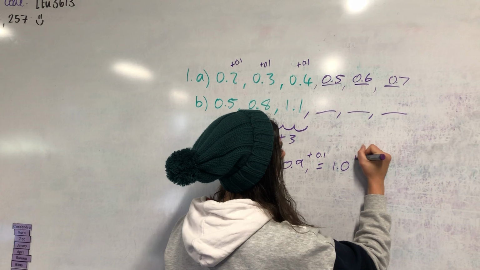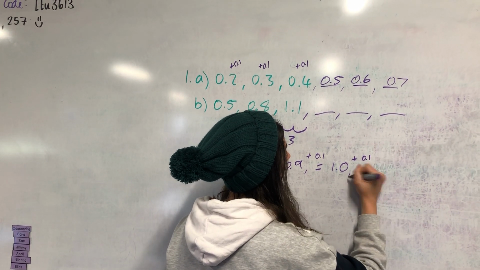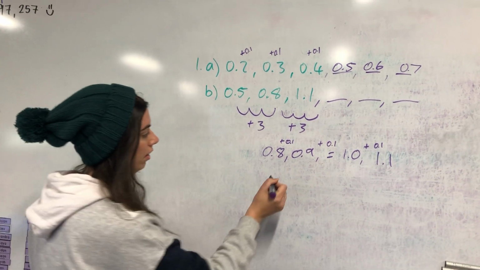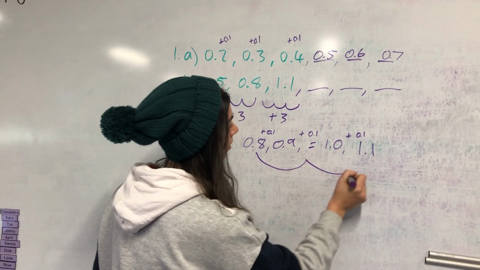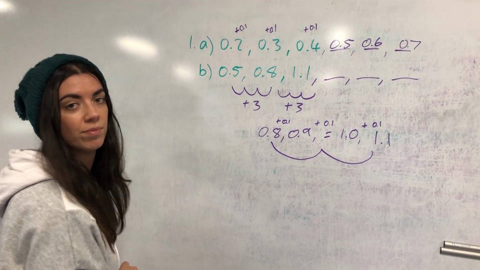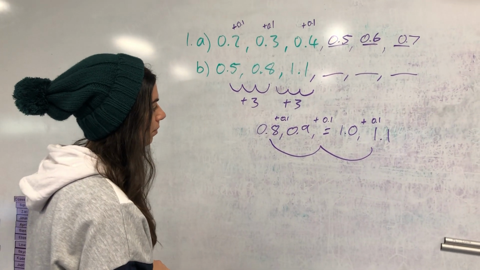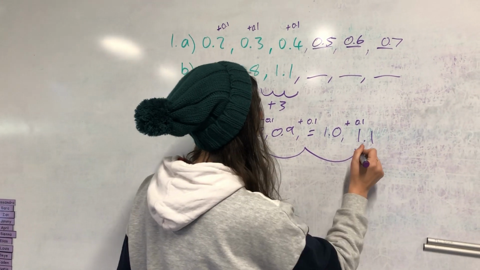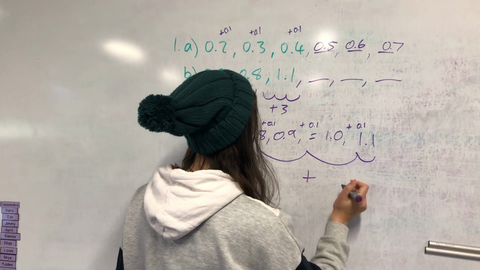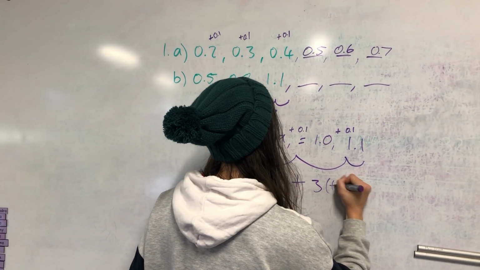And we add 1 more tenth, and we get 1 1/10. So that 3 that you've jumped is actually 3 tenths, you're jumping 3 times by 1/10. Yep. Oh, I've skipped one there. Oh, you're right. So where it says the plus 3, you know it's actually plus 3 tenths.